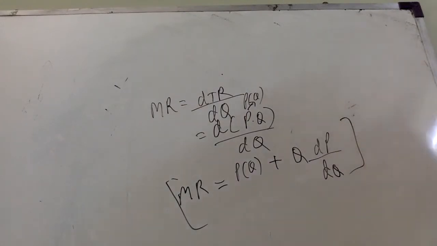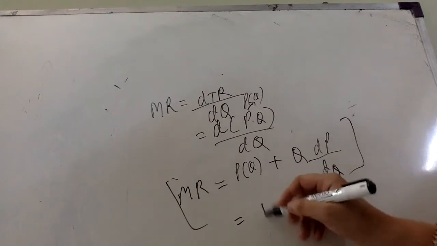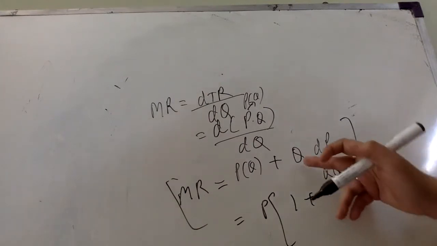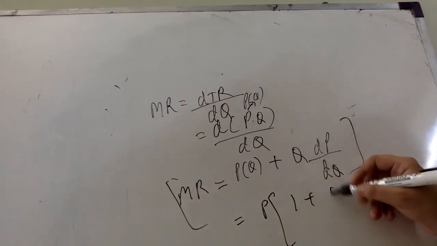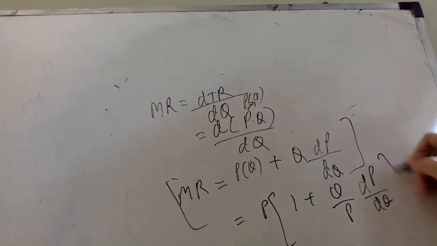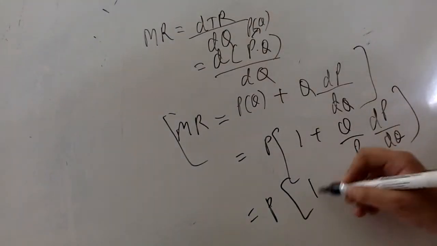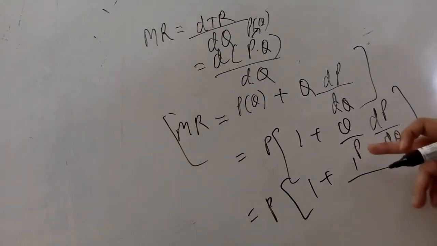I hope this equation of marginal revenue is clear. Now we'll understand how marginal revenue is related to the elasticity. Let's take P common. If I take P common, I have 1 here, and from the second term I have to put P in the denominator, so it becomes dP by dQ. If I further solve it, this becomes 1 plus, what is this value?